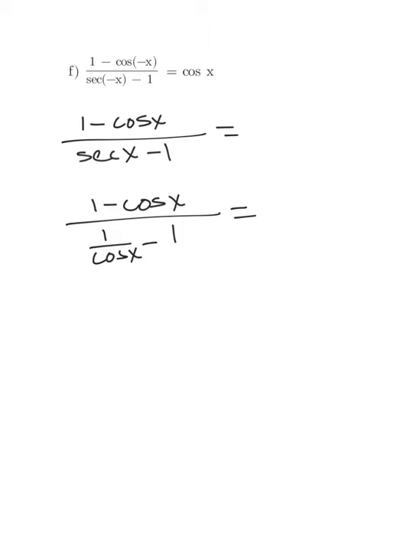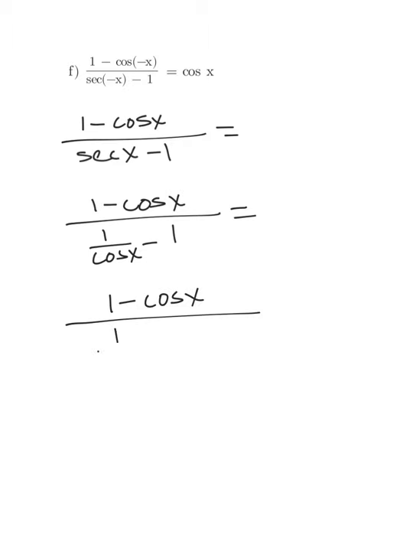When you are subtracting and you have one term that's a fraction and one that's not, you have to create a common denominator. So the numerator of this fraction is just going to stay 1 minus cosine of x for right now.